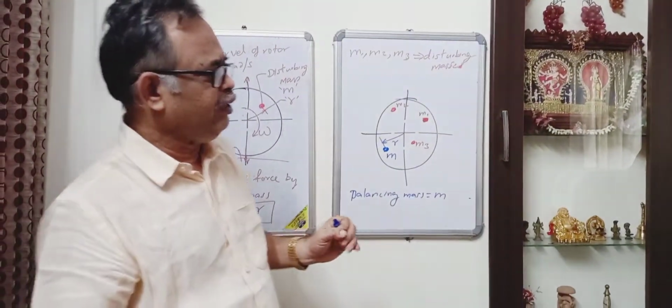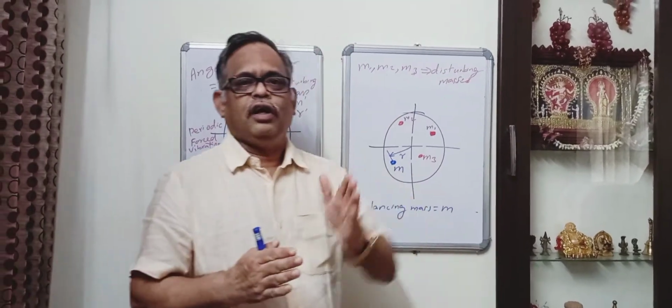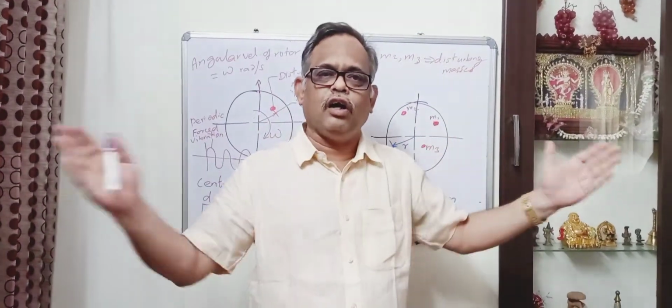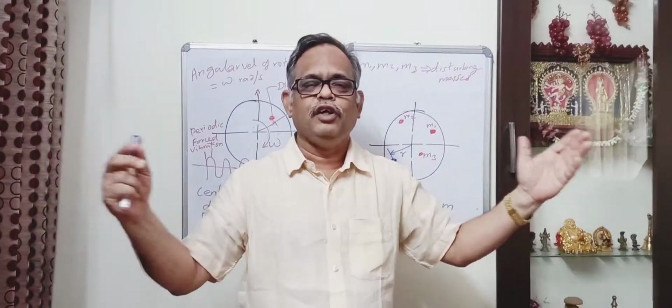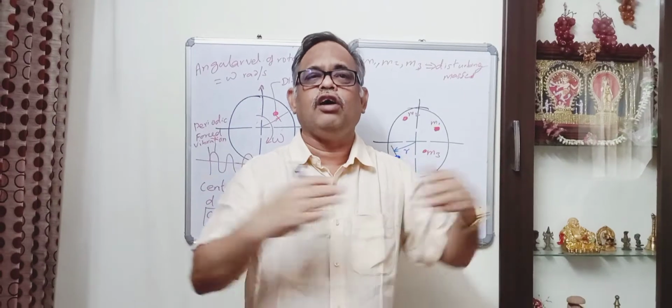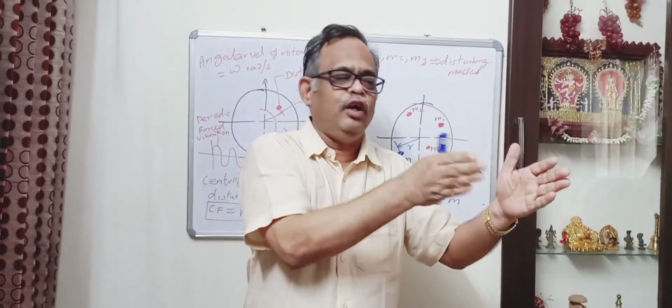Now we will see another case. This is a single plane rotor. We will take the case of a big rotor mounted on a long axis, right? On a long axis, so many impellers.